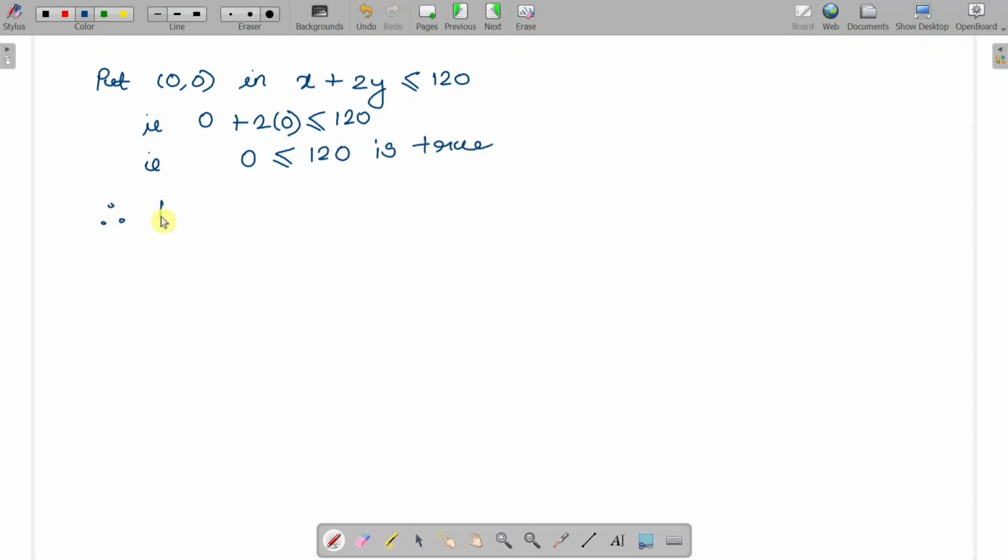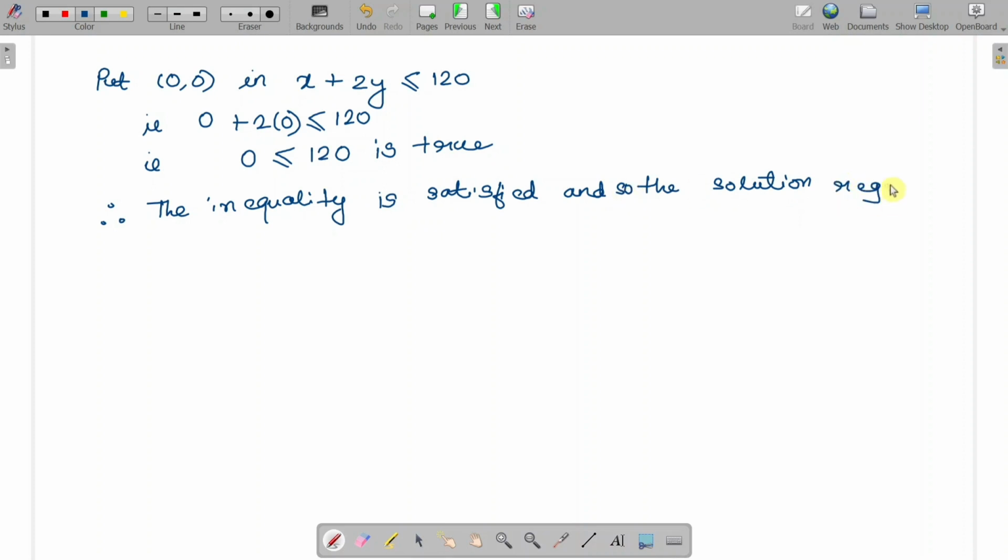Therefore the inequality is satisfied and the solution region is the half plane where (0, 0) lies.